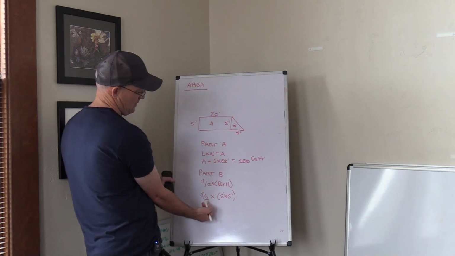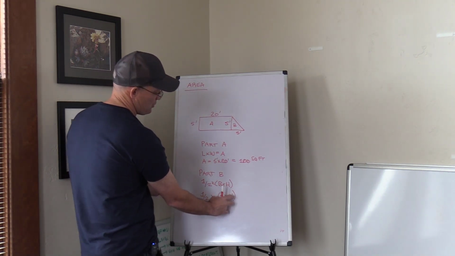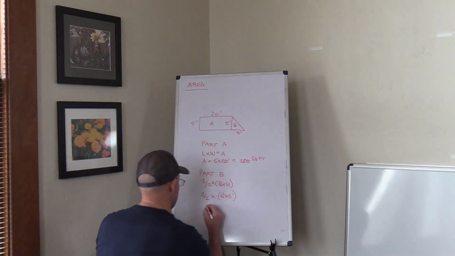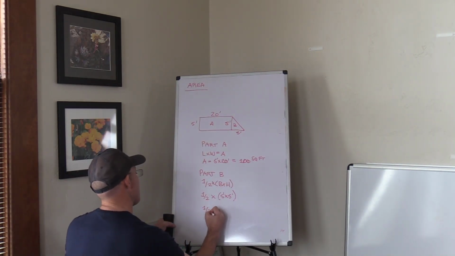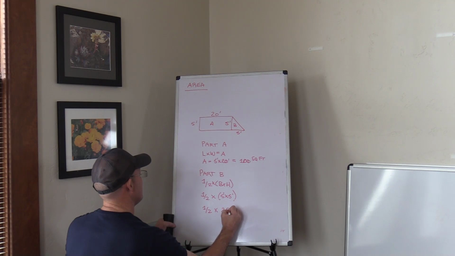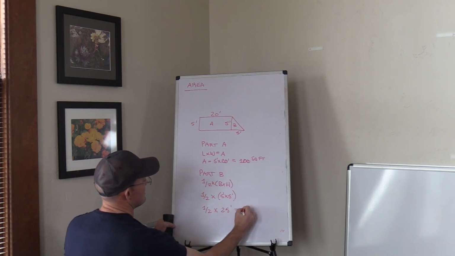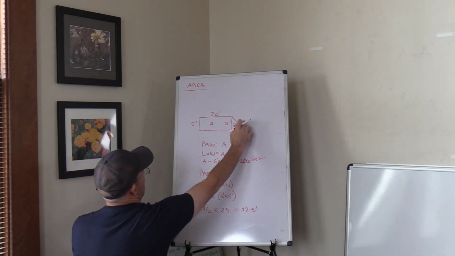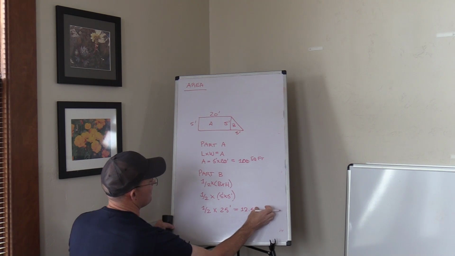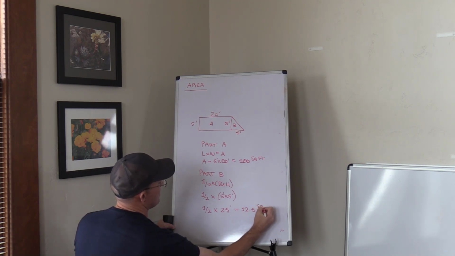Remember, in math you do what's in the parentheses first. So we have 1/2 times 25, 5 times 5, which tells us we've got 12.5 square feet in the triangle.